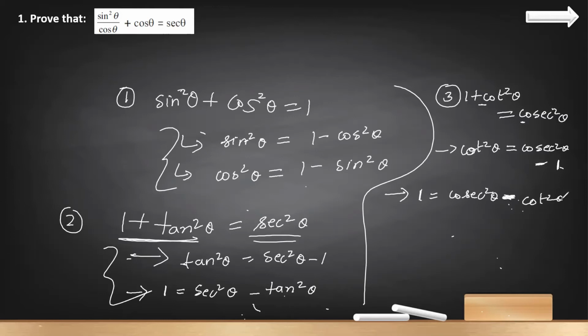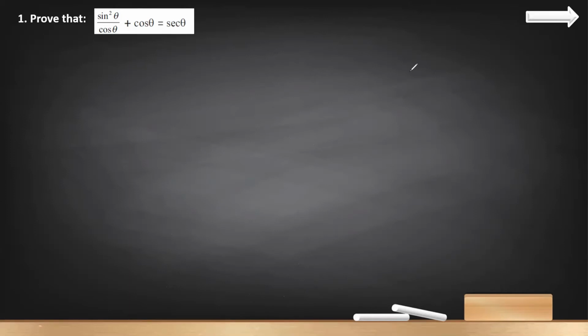Now based on these things, we are going to solve all these proving type of questions. Let's start with it. Now the first question says, prove that sine square theta upon cos theta plus cos theta is equal to sec theta. Now always remember, whenever you solve proving type of questions, you will have one LHS and another is your RHS.